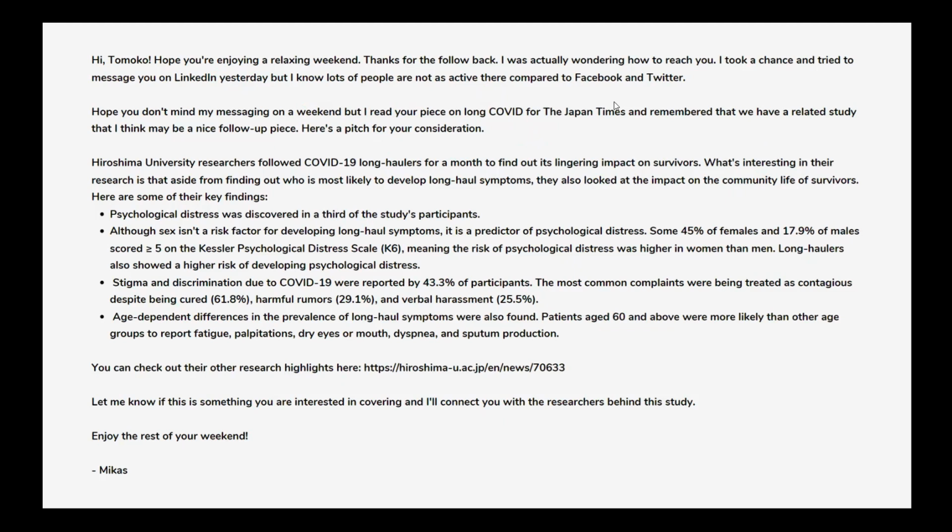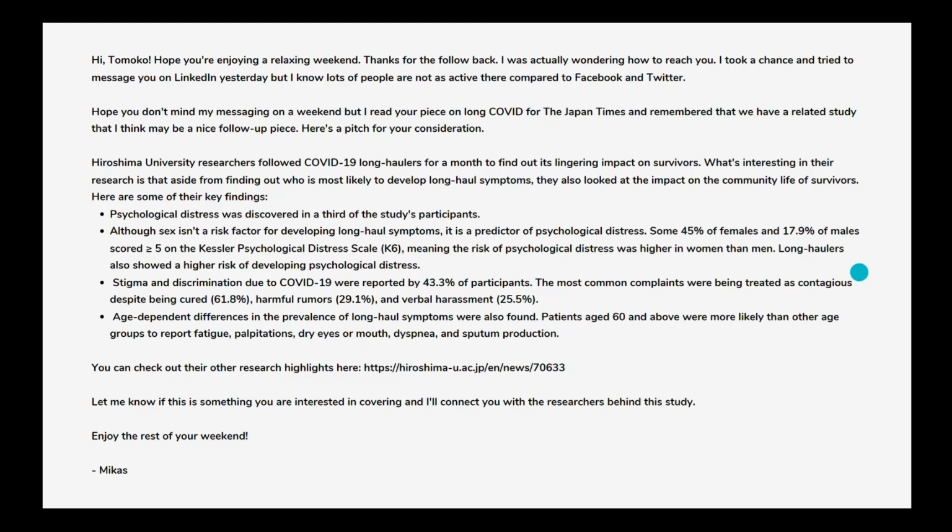To answer the why, there's been lots of reports about COVID-19's long term effects on the health, but I've never seen many studies looking at the community life of the survivors. So I tried to focus on that in this pitch.